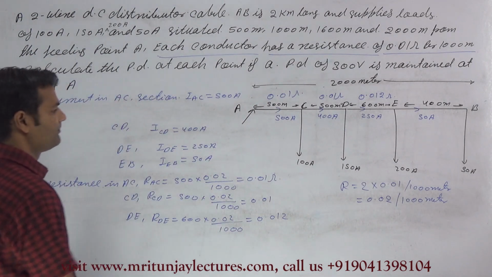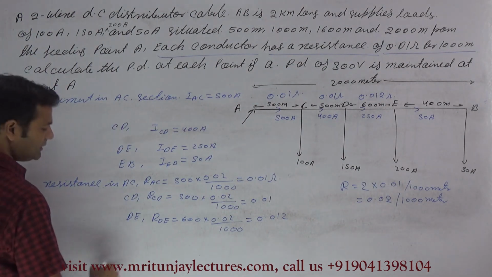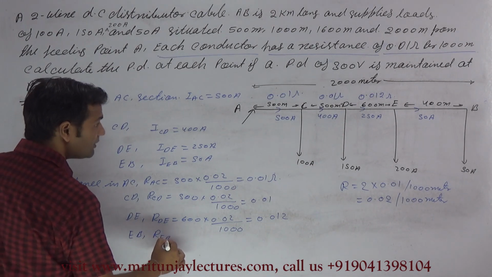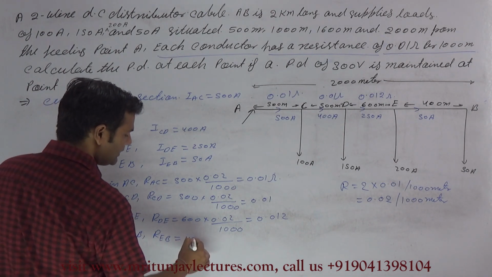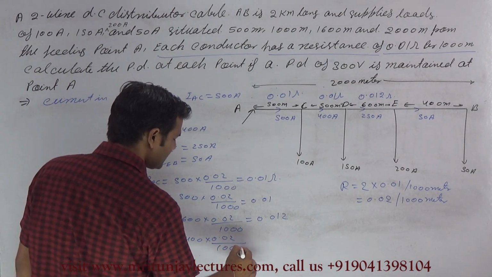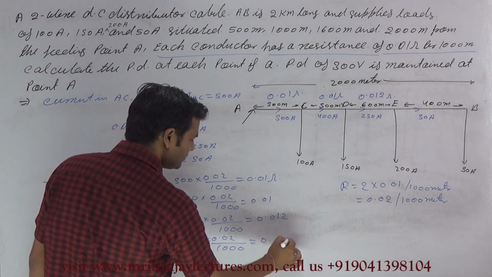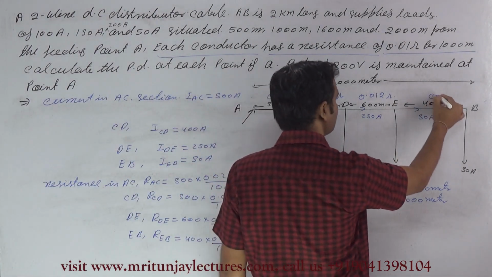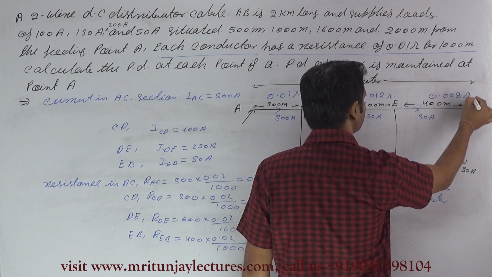Now next one, EB. R of EB is 400 into 0.02 divided by 1000, that is 0.008 ohm.